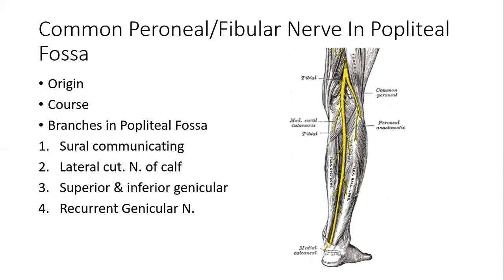After arising from the common peroneal nerve, it pierces the deep fascia, then further continues to pierce the roof of the popliteal fossa and ends by supplying the skin over the upper part of the lateral compartment and anterior compartment of the leg.